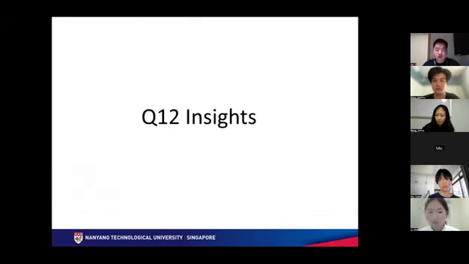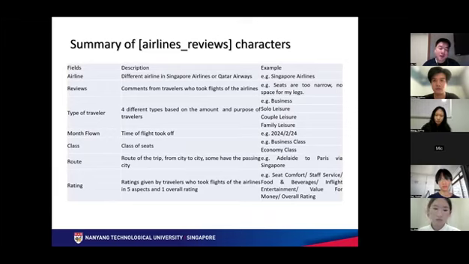Okay, in question 12, actually based on question 11, we are able to find the main complaint types. Meantime, the main fields useful for analysis in airline reviews could be classified as these. Well, we can see the airlines, Singapore or Qatar, the reviews from travelers, the type of travelers that can be classified into business and leisure, month flown, class of seats, routes from city to city, and rating in 5 specific aspects and 1 overall rating.